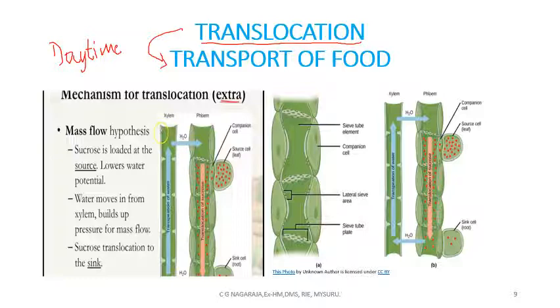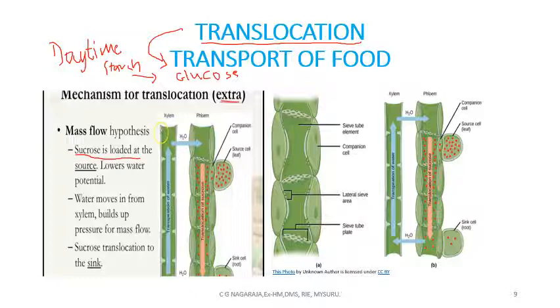And in the night, as the night advances, starch, which is a complex molecule, will be converted into sugar. Starch becomes glucose, and then the sucrose is loaded in the source.